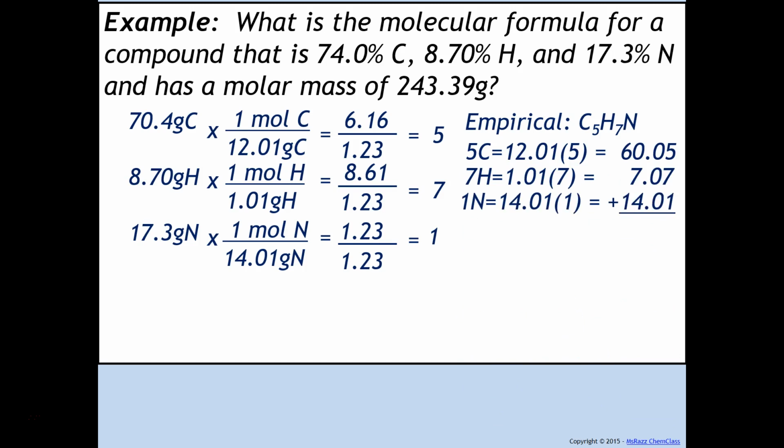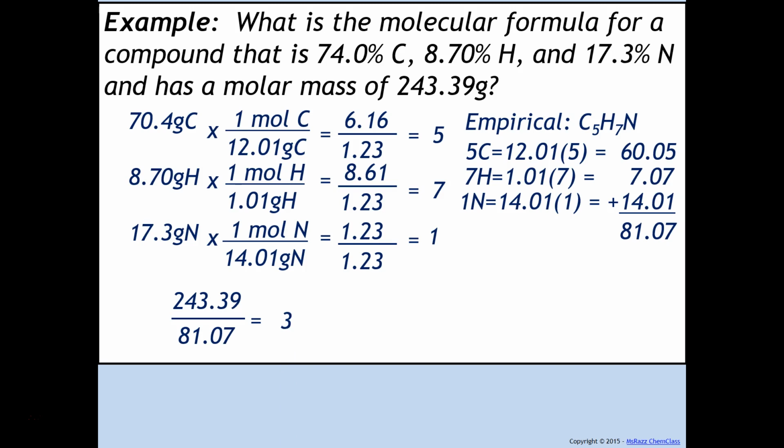That's the molar mass for the empirical formula. Then I'm going to divide the molecular formula mass by the empirical formula mass. Again, this should give you a whole number. If it doesn't, you did something wrong and you need to go back and check your math. Fortunately, it gave us a whole number, so that means we probably did it right.